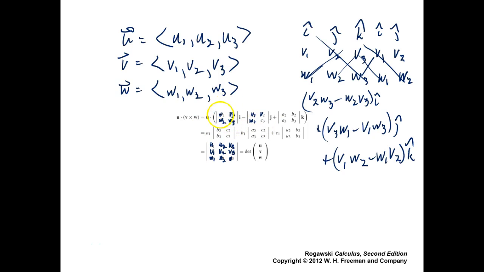If you'll notice, this is V2W3 minus W2V3 I. V1, and as I was putting this, would be a W2. This is a V2, V3, and this is a W2, W3.